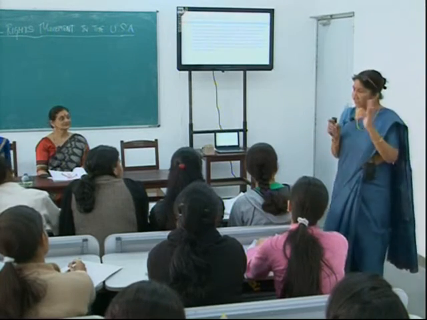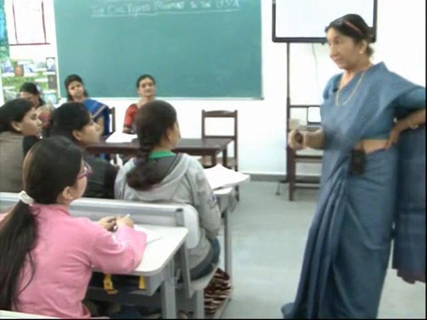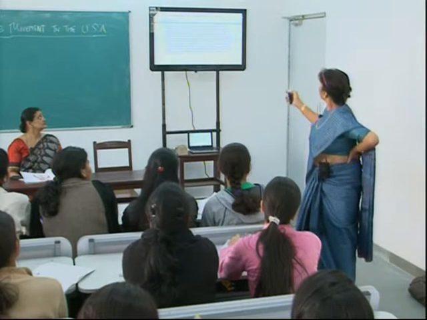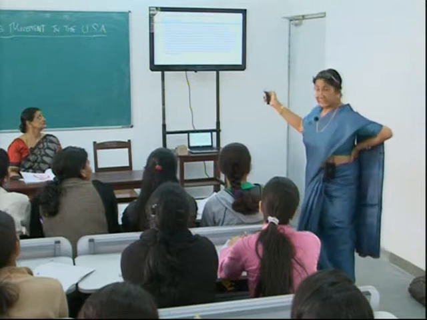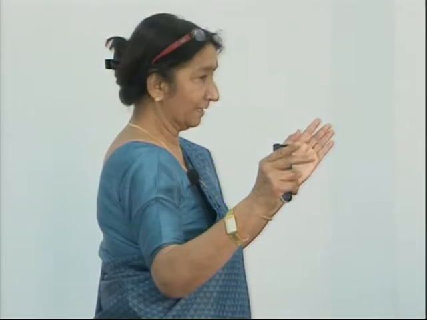Now let us come to an interesting discussion. I'm holding the slide. In 1954, there was a ruling in the Supreme Court which reversed an older judgment, from 1896, Plessy versus Ferguson, which said that it was okay to have separate but equal facilities.